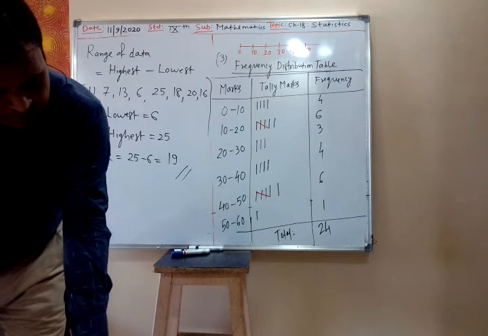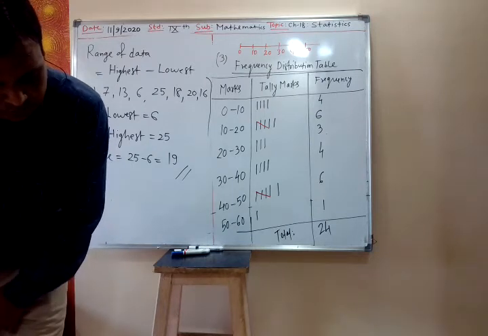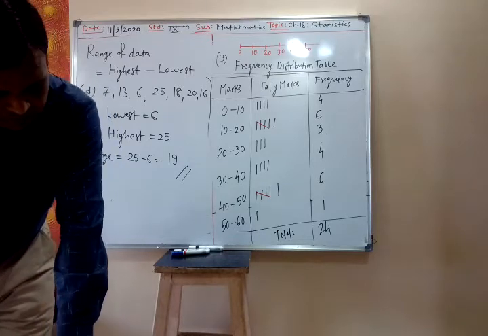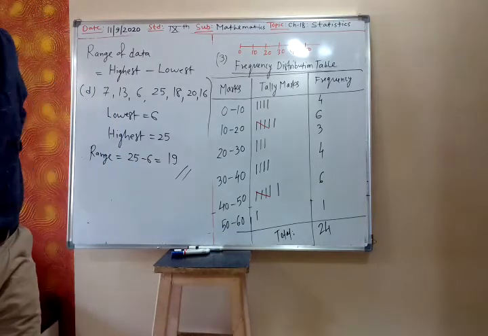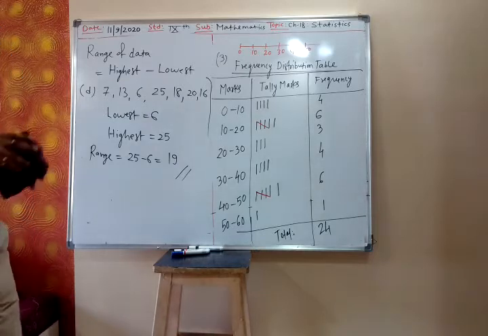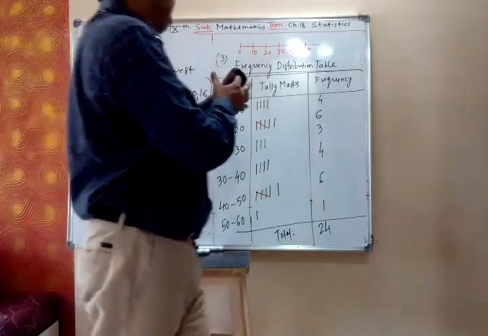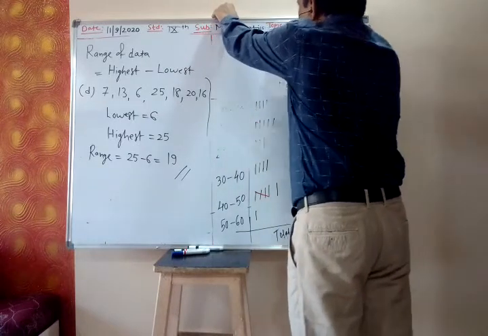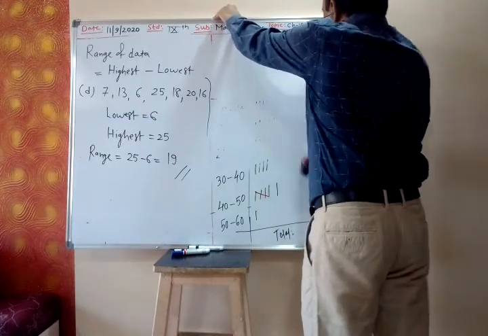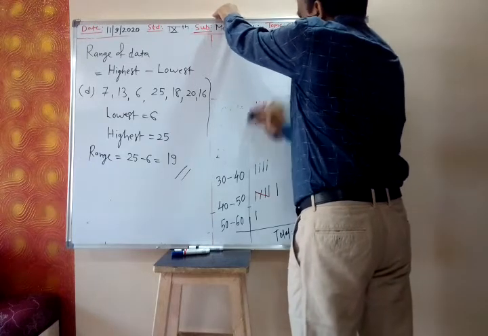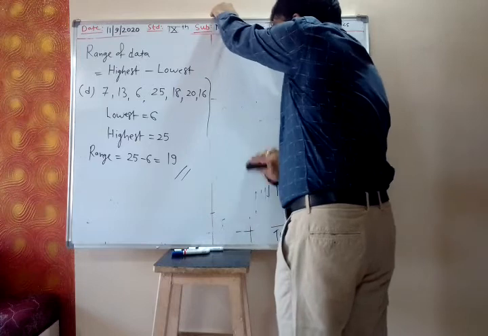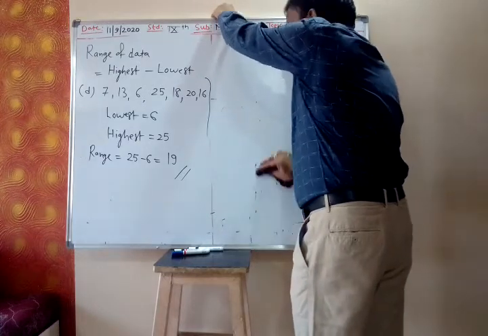Now E, in class interval 35 to 46, what is the lower limit? 35. Upper limit is 46.